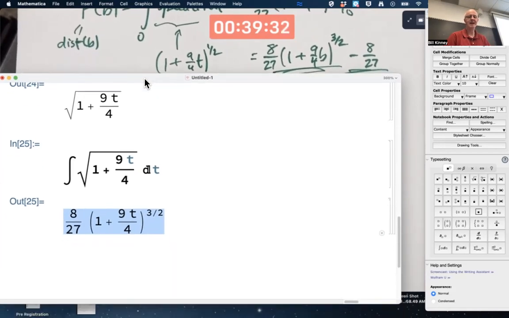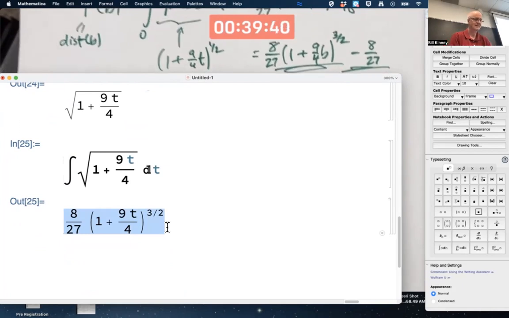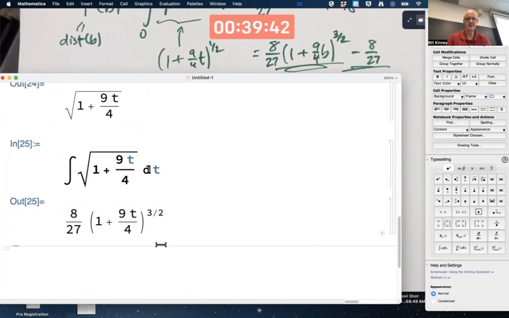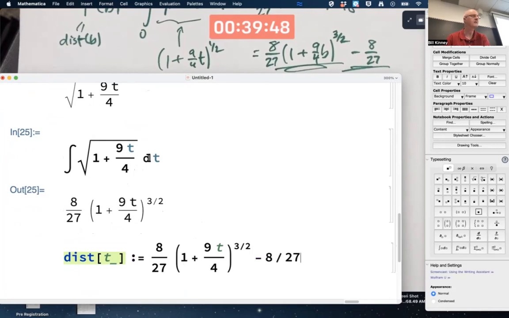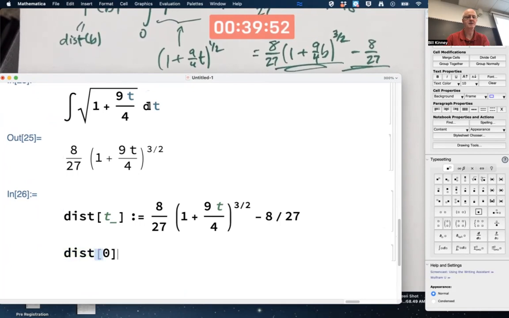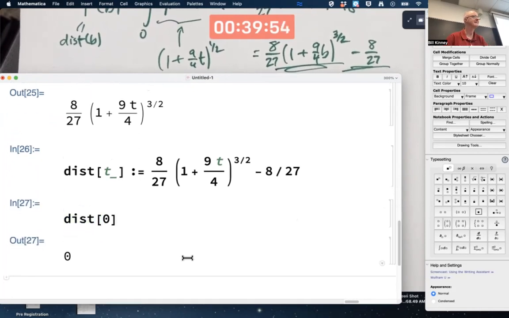This function that Mathematica computes with the indefinite integral symbol does not equal 0 when t is 0. It equals 8/27. So to get the true distance traveled function, I need to take that and subtract 8/27 from it. That'll now have the property that at time 0, you've gone 0 distance.